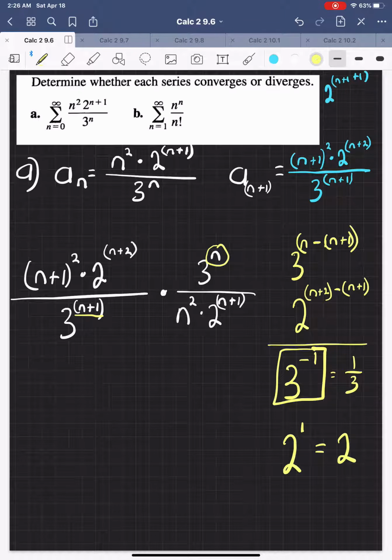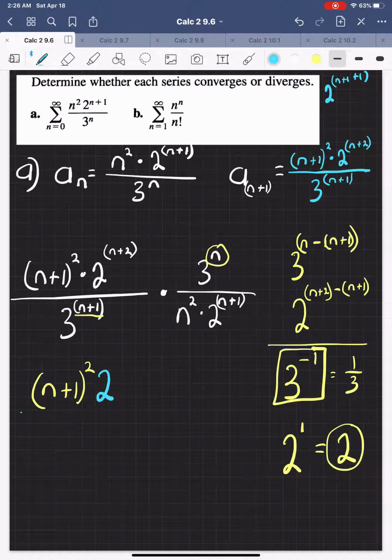All right, let's rewrite this guy now that we've done a little bit of work. So we didn't do anything to our n plus 1 squared. We left that alone. Since we also have a 2 to the power of 1, that's 2, so we should now have a 2 up here.